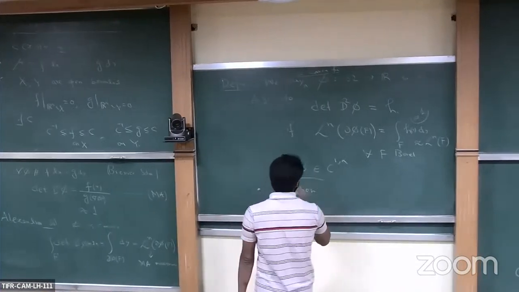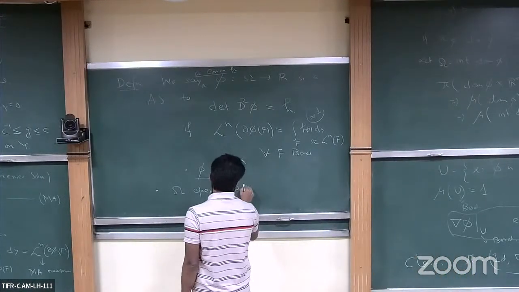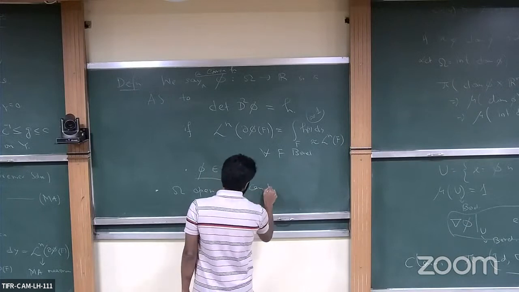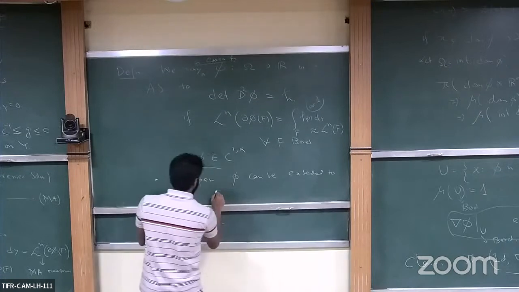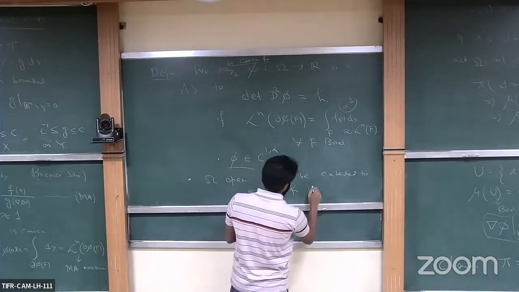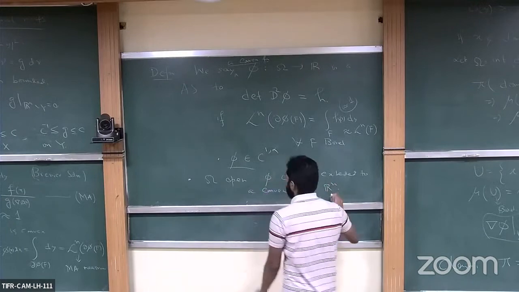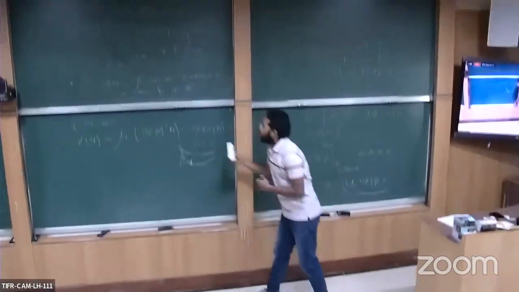Okay. So here the definition of convexity is that P can be extended to a convex function in Rn. Okay, so this is my definition, right?